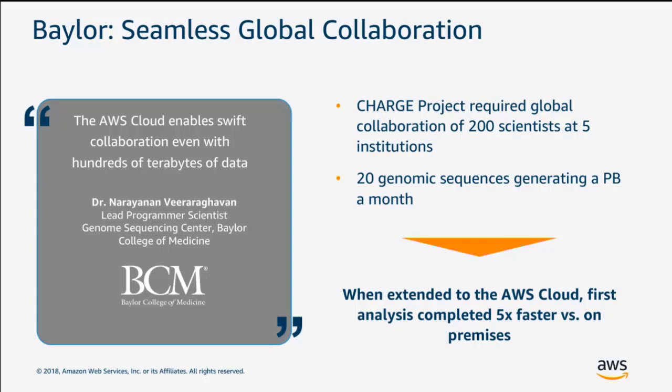By forming this common pool of data and common pool of resources, they eliminated the need to transfer subsets of data around or wait for that transfer, or manage the output of results or track who had done what. By using a collaborative research model on AWS, they were able to complete their analysis about 5 times faster than they would have been able to on premise.